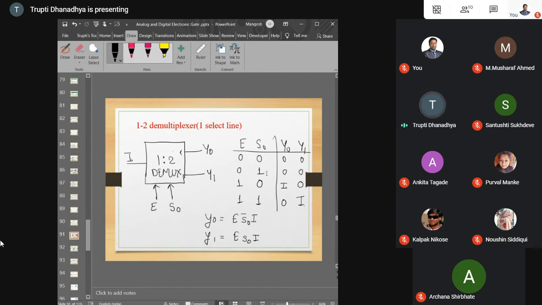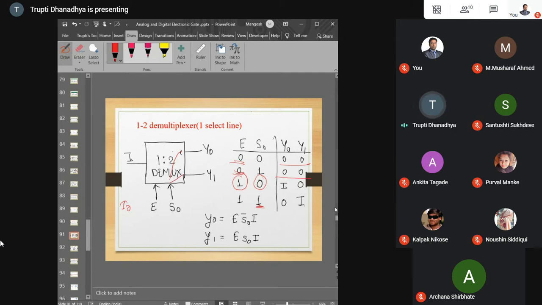In a similar way, if enable is equal to 1 and S is equal to 0, the selector line is connected to I0, and if S is equal to 1, the selector line is connected to I1.